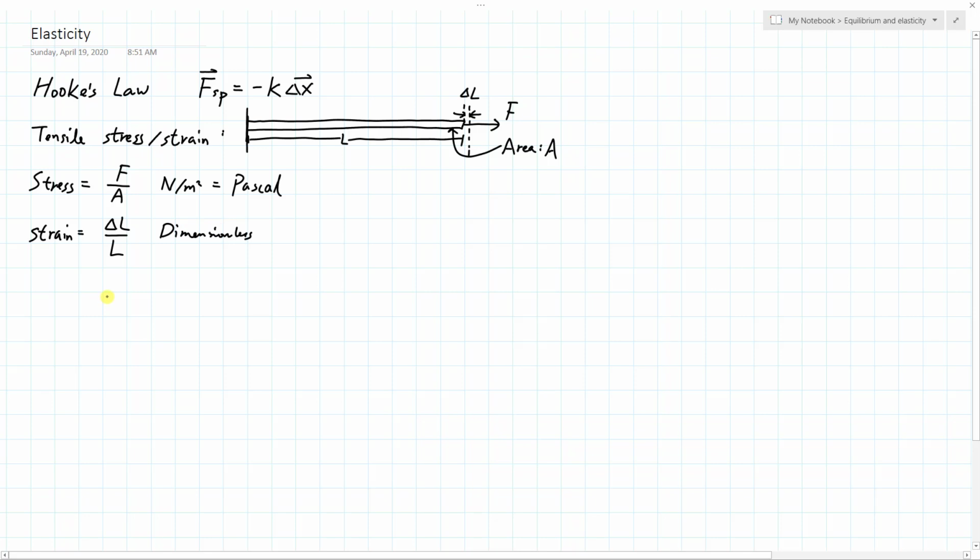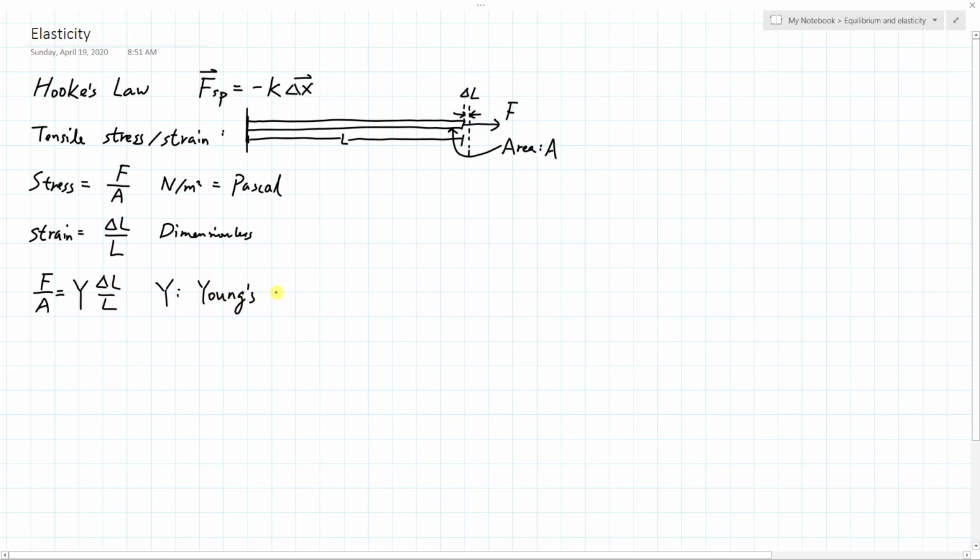Okay, and to link the stress and strain together, we have a factor just like we have in Hooke's law, the spring constant. So we have stress equals Y times strain, and this Y is called a modulus, named after Young.